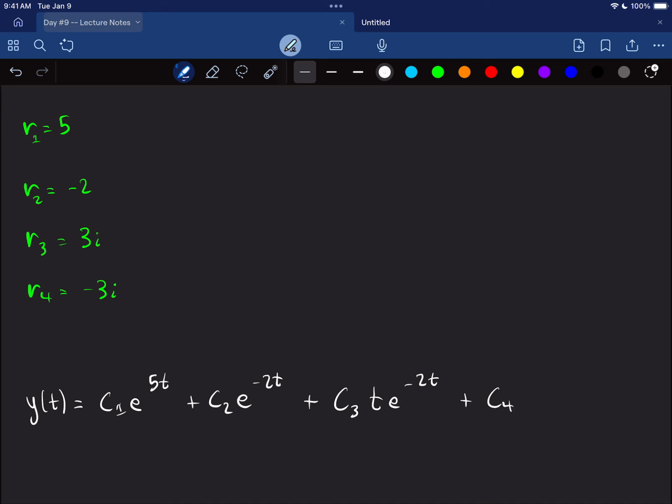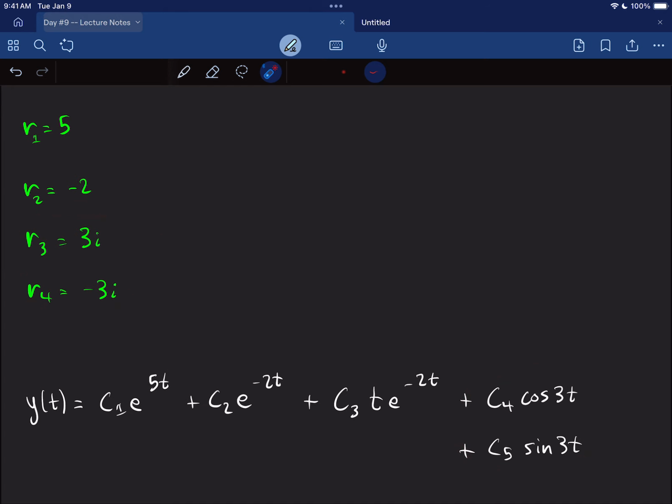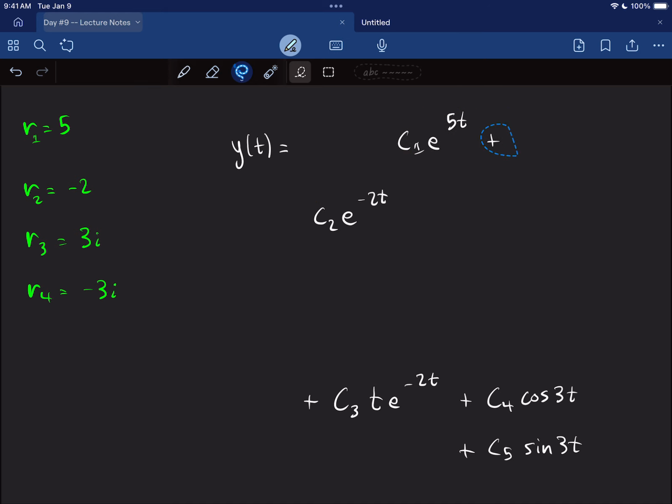And then we wrap this up with a c4 cosine of 3t plus a c5, I'll write it this way, sine of 3t, where both of these are corresponding to both of these. So it's just stitching together each individual part. I wonder if this actually makes more sense. I'll write it like this. Let me do this.